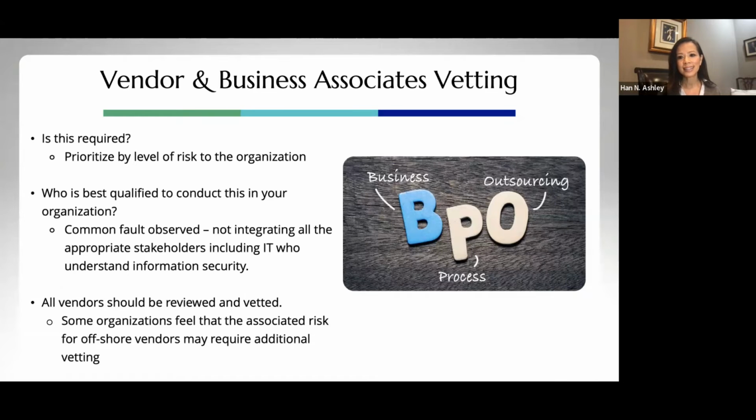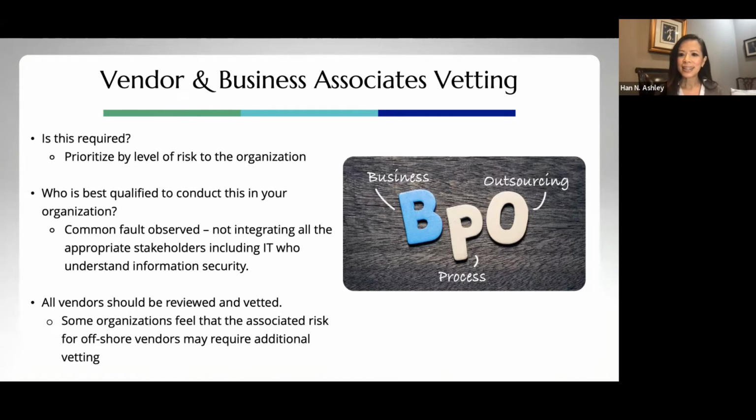What that looks like is: how much PHI do they have access to? A lot of times it's a lot of PHI. And what are they doing with it? Is it a complicated process that they're doing for you? That raises the risk level, and those business associates and vendors will need extra vetting.